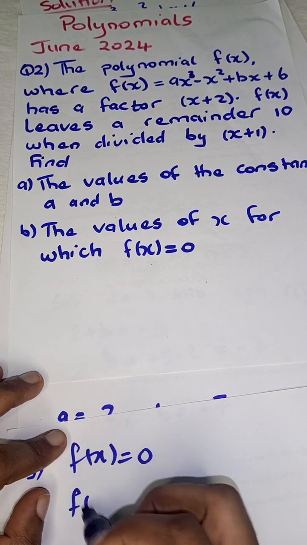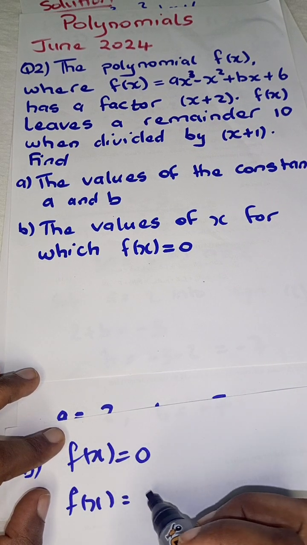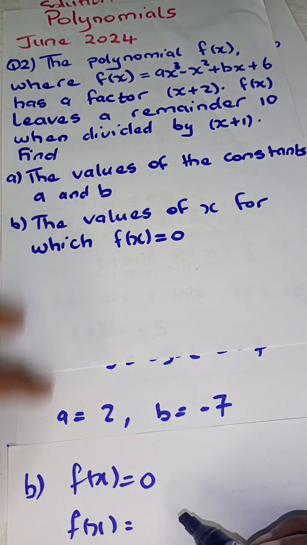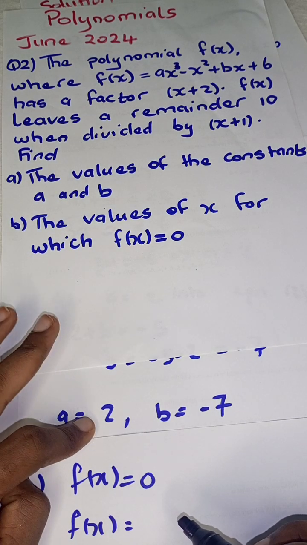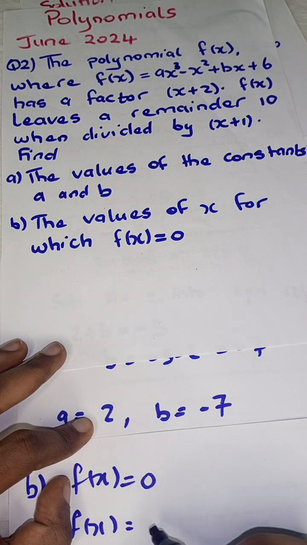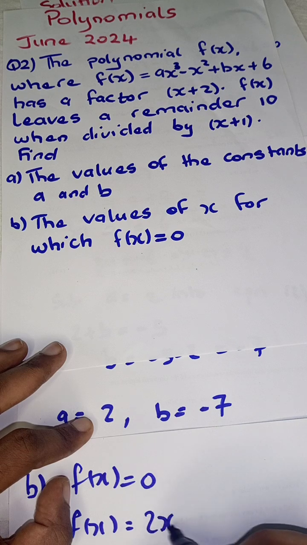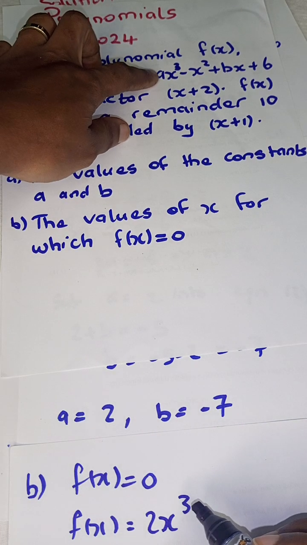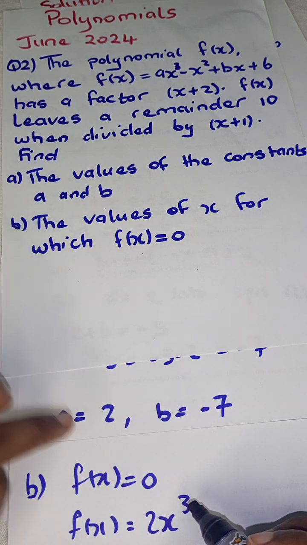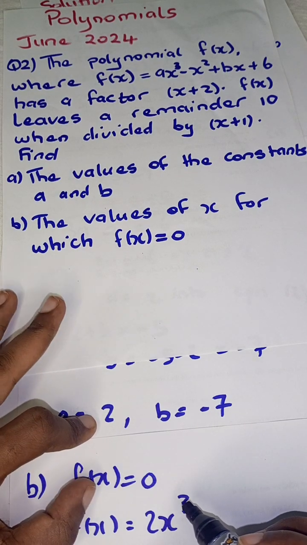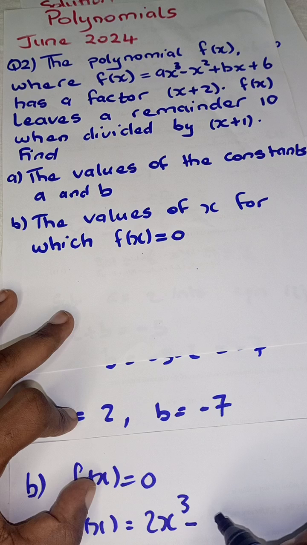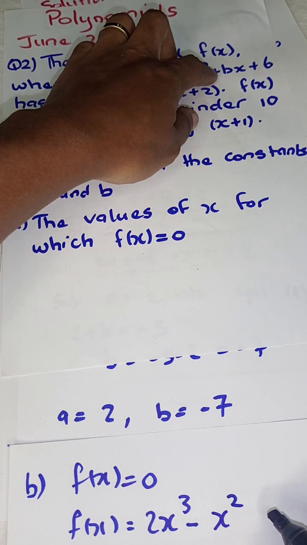So we recall that f of x, now using the values of a which we've obtained, will now become 2x cubed, because we've replaced a by the value of 2 which we obtained in the first part of the question, minus x squared plus bx.